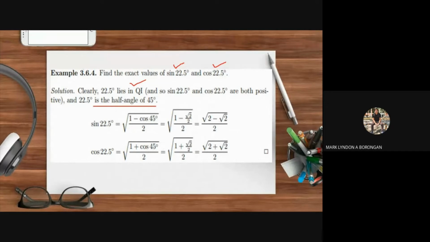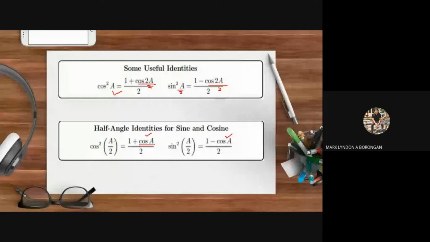So how do we solve it? Since it is a half angle, we use the formula. We take the square root of both sides, so the squared term cancels, but the radical sign remains on the right side.